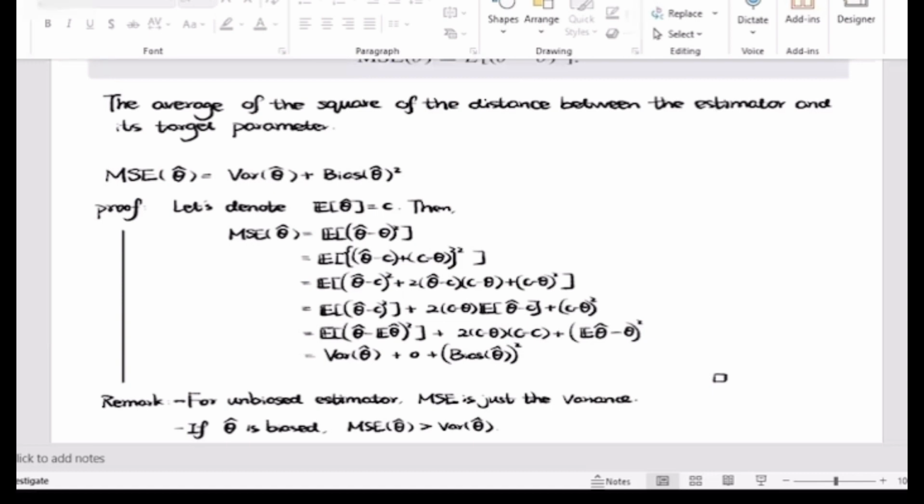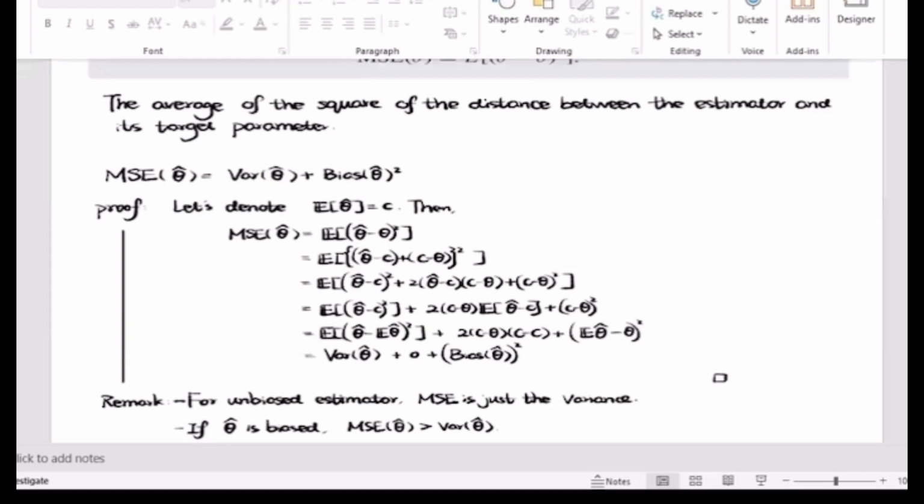That is the reason why, if I want to compare a biased estimator with any other estimator, I will need to use the mean square error of the biased estimator, not the variance. Because the mean square error of the biased estimator will always be greater than the variance of the estimator. Is there any question before moving on?